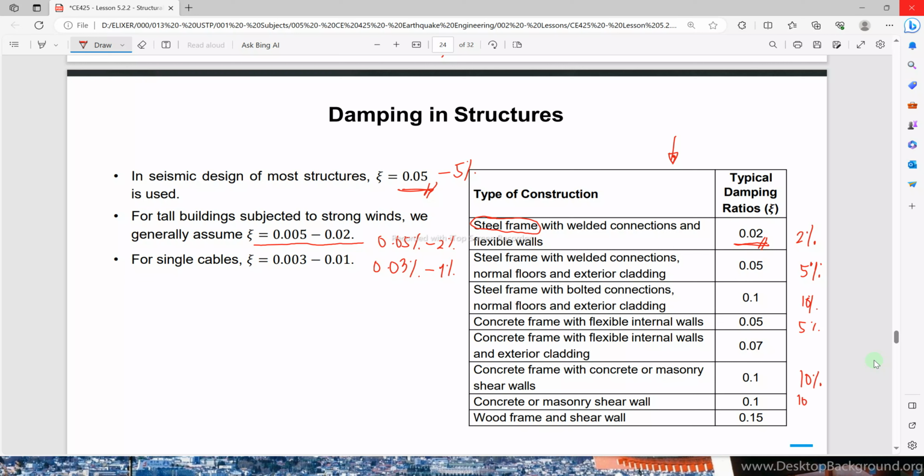Concrete or masonry shear wall has a 10% typical damping ratio, and wood frame and shear wall has 15%.